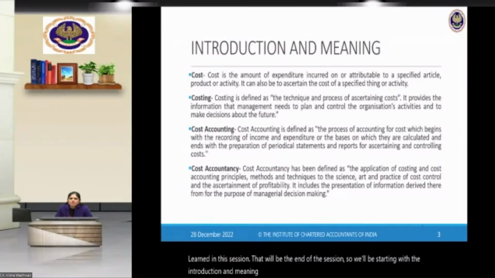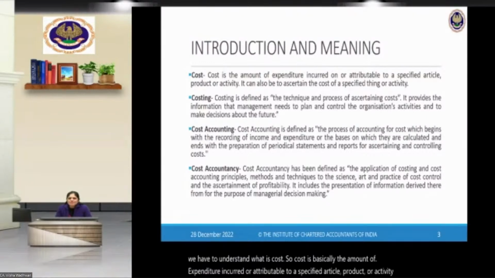So there are different cost concepts, and they all seem to be very related. But every meaning, every concept has some difference and some significance attached to it. So first of all, of course, cost and management accounting, we have to understand what is cost. Cost is basically the amount of expenditure incurred or attributable to a specified article, product, or activity.